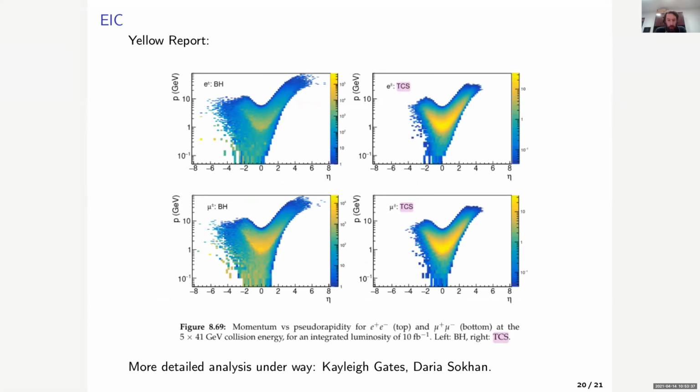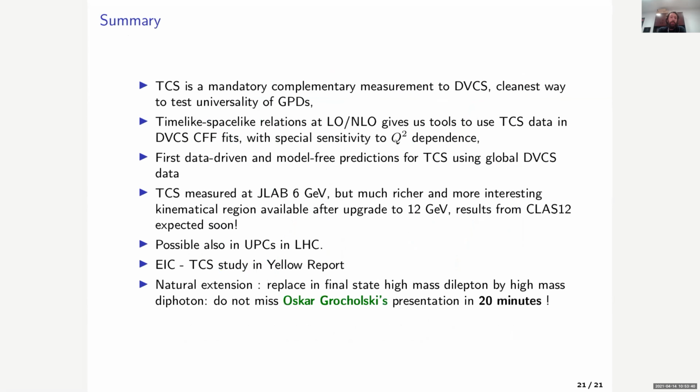All right, so here is my summary. So I hope I convinced you that TCS is a mandatory complementary measurement to DVCS and it's the cleanest way to test universality of GPDs. And it's also a great tool to extract GPDs and a great independent source of information on GPDs.